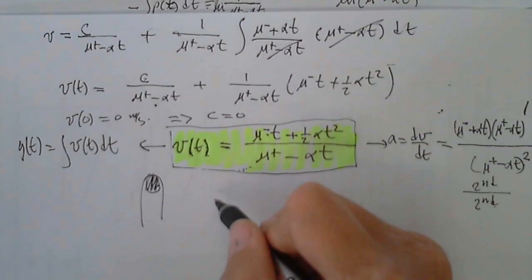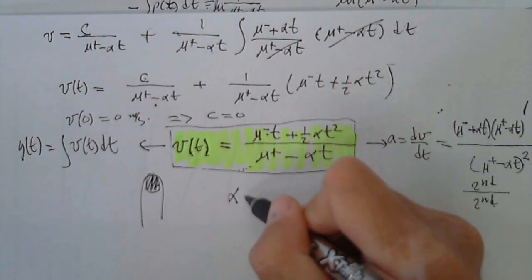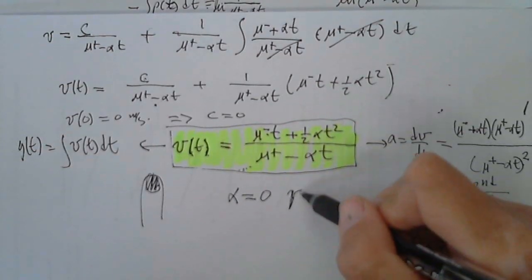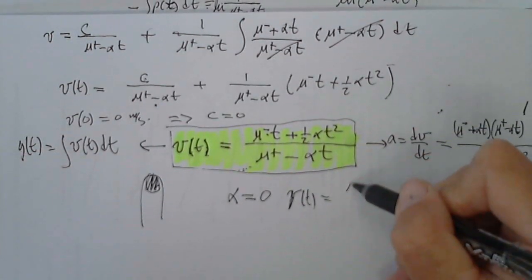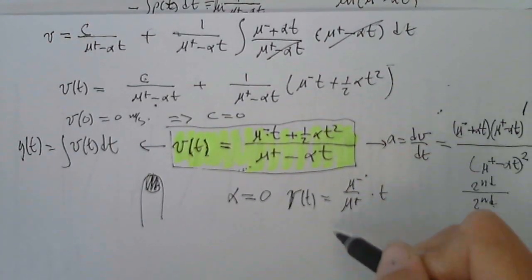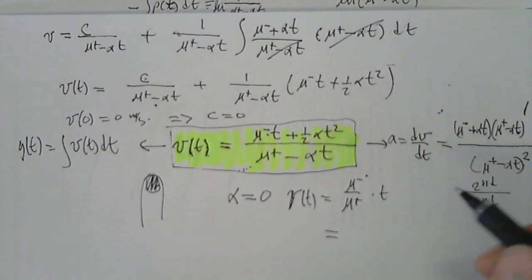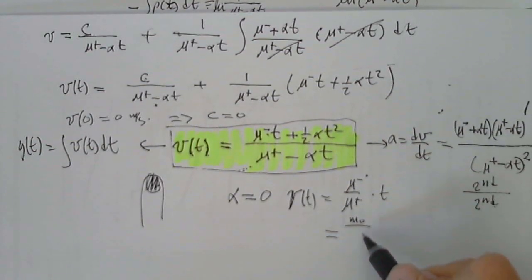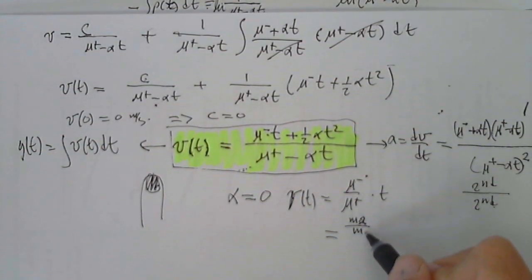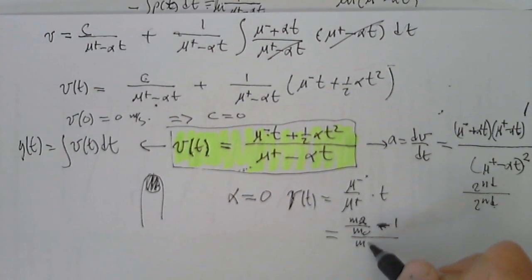Now we are going to take the limit. If alpha is 0, b time is mu minus, mu plus, times t, and if you remember, this is m0. Let me see how I define it. Yeah, m2 over m0 minus 1, m2 over m0 plus 1.